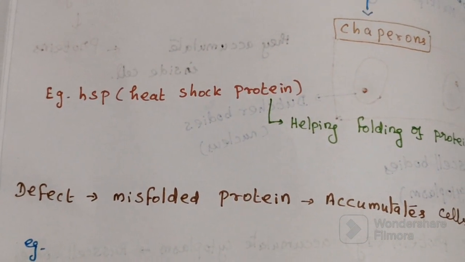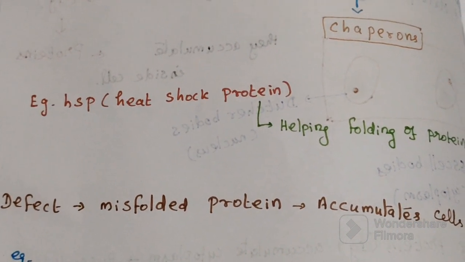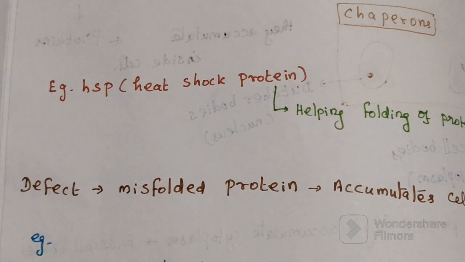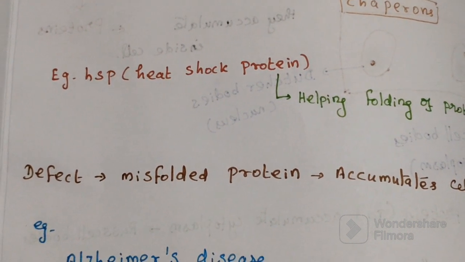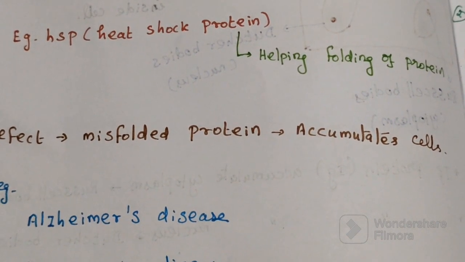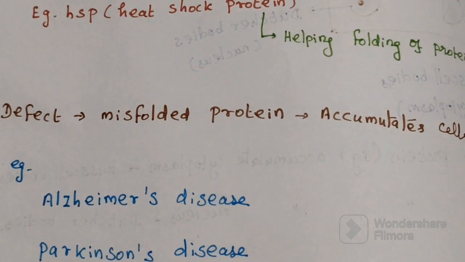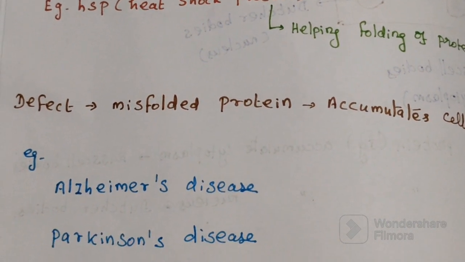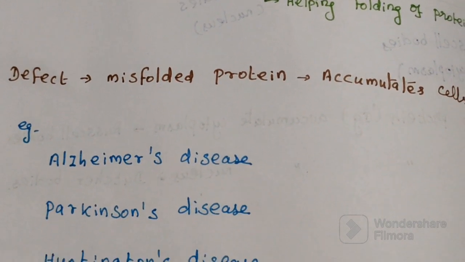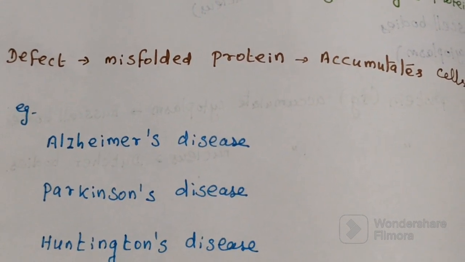Then what are the conditions in which this will happen? Example, Alzheimer's disease, then Parkinson's disease, Huntington's disease.